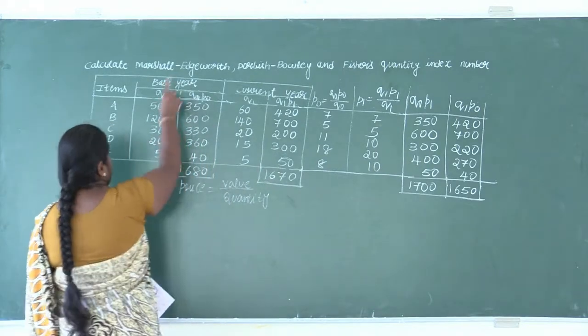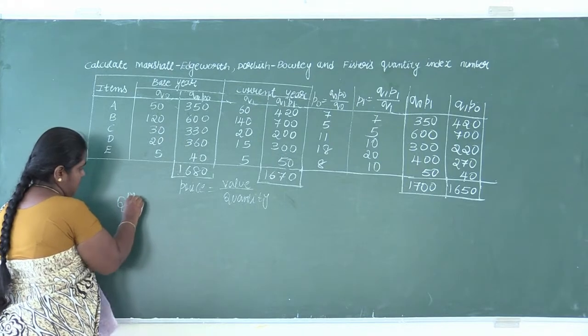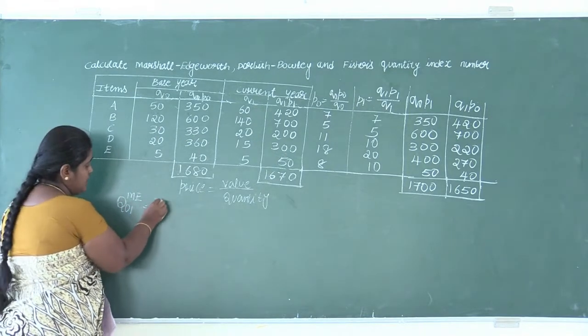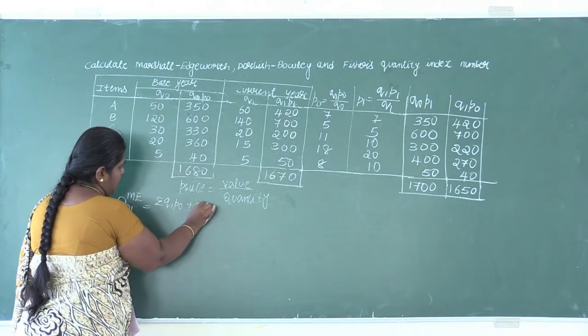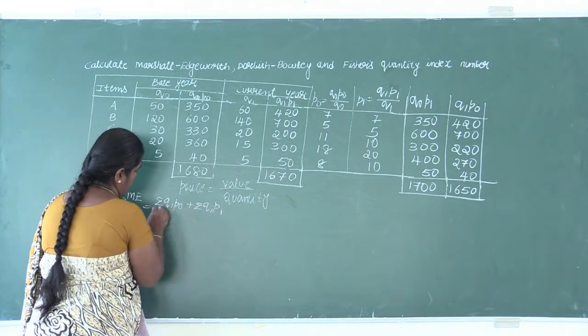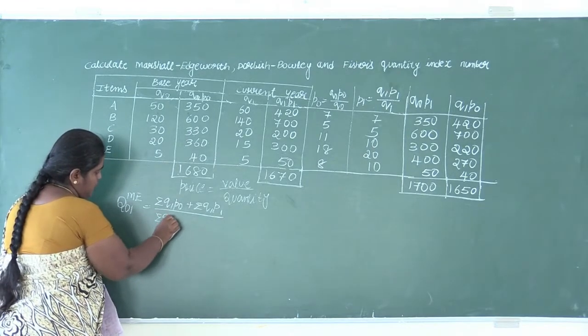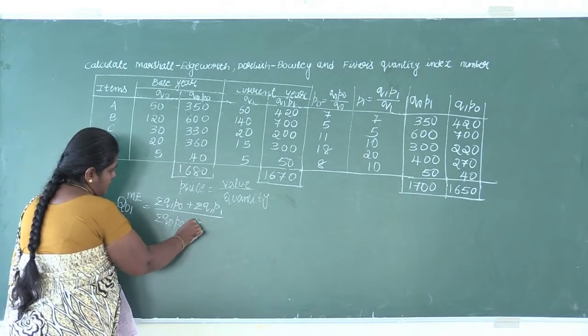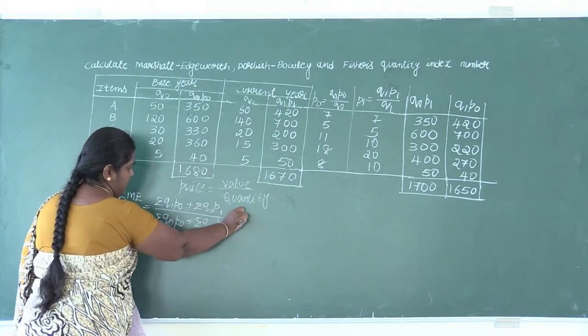Then the first one is Marshall-Edgeworth, we have to find out. So Q01ME is sigma Q1 P0 plus sigma Q1 P1 divided by sigma Q0 P0 plus sigma Q0 P1 into 100.